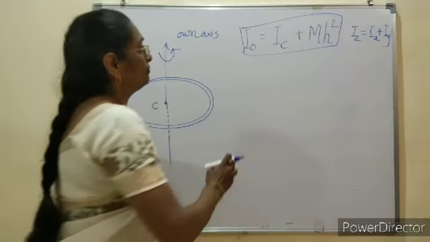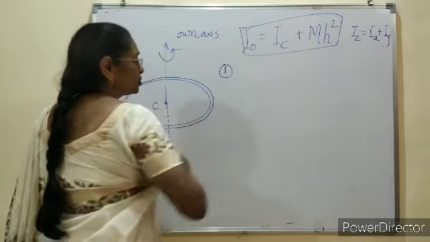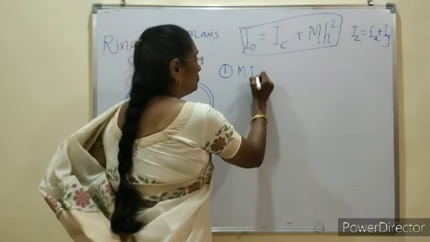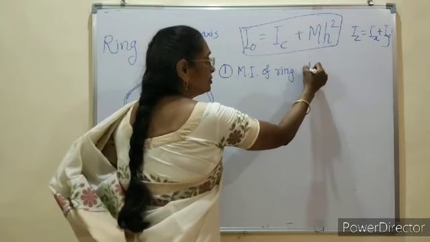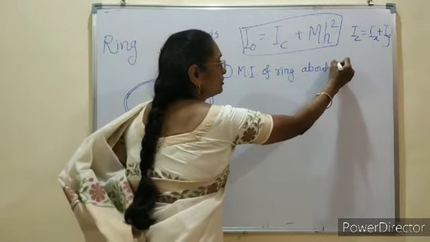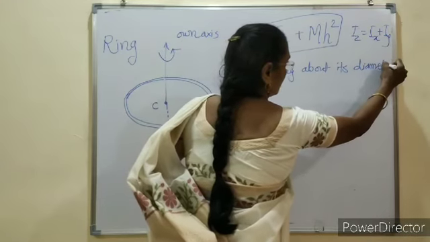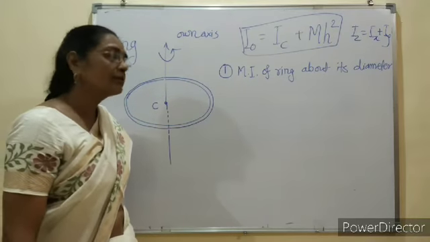Now the first question we have to solve is to find the moment of inertia of the ring about its diameter. How can we show the diameters here?